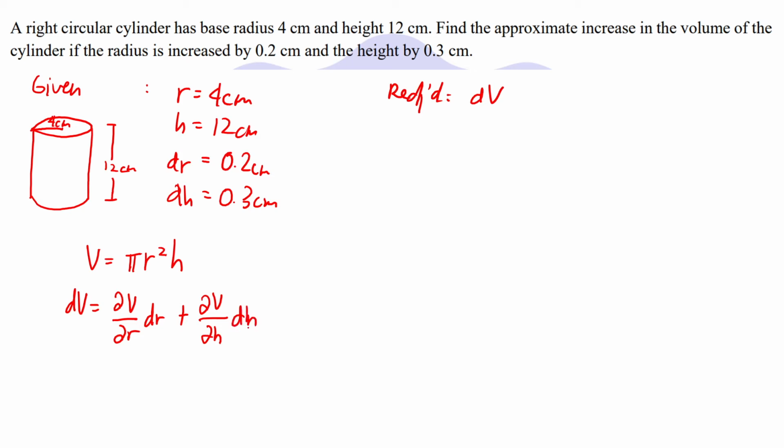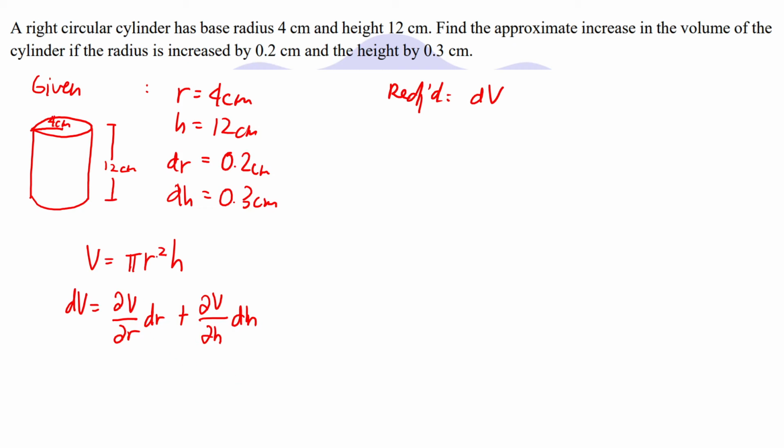Okay? It will actually yield the same as the direct differentials solution in module 3. But in the exam, they may specify to use partial differentials to approximate the value. So, you need to use the partial differentials concept.